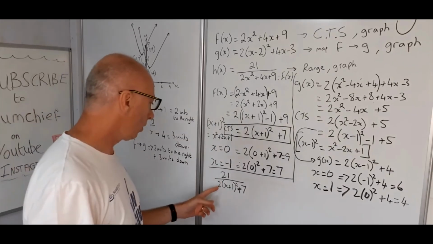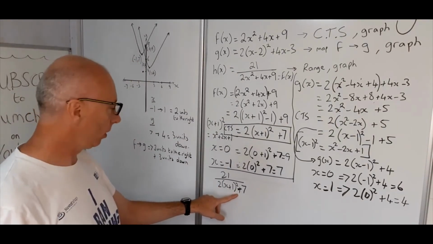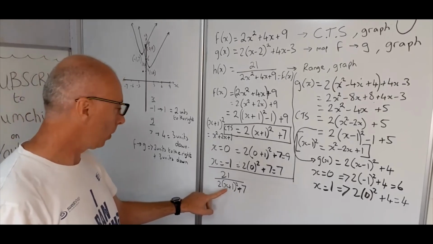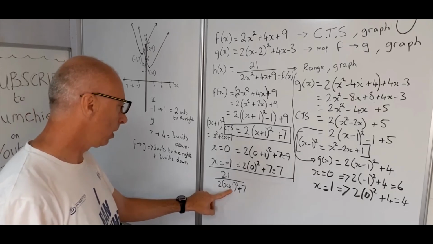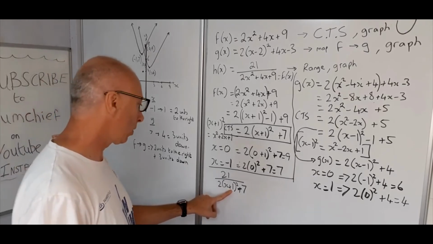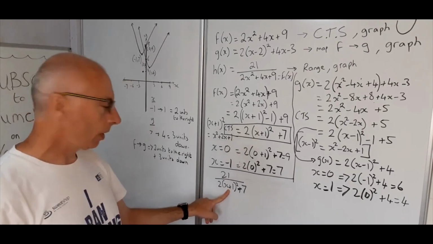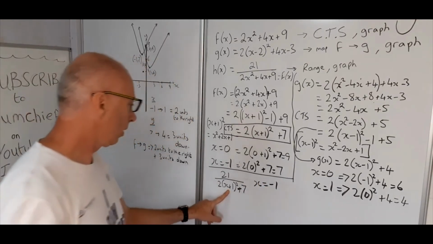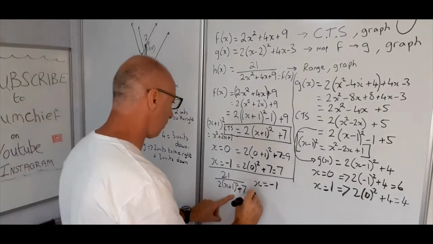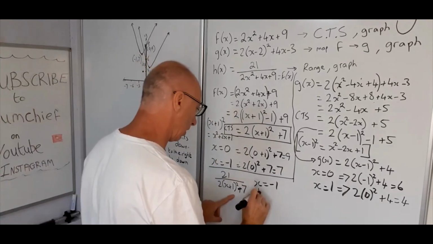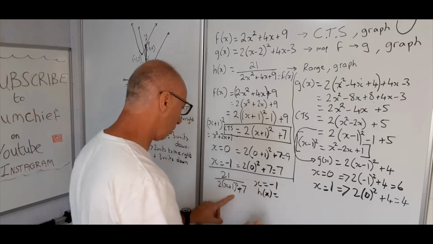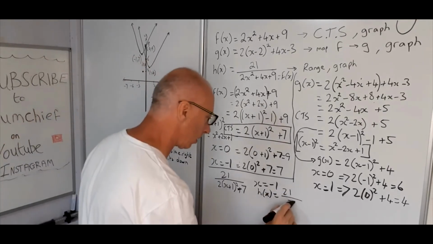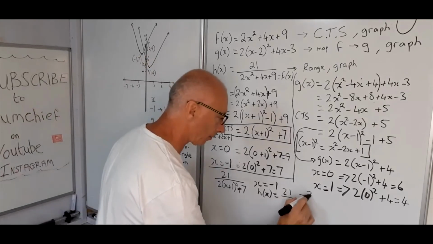Okay, so for 21 divided by 2(x plus 1) squared plus 7, to find a maximum or minimum, we need to make this term here 0 and find out what the value is going to be. So this is going to go to 0 when x equals minus 1. So if x equals minus 1, h of x equals 21 divided by, that will be 0, so over 7, which equals 3.